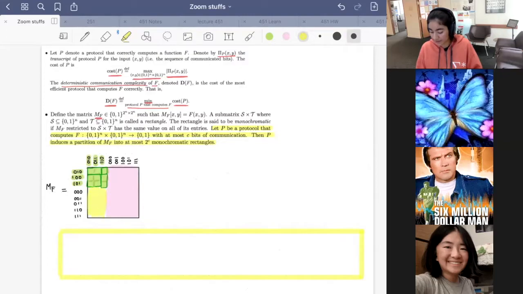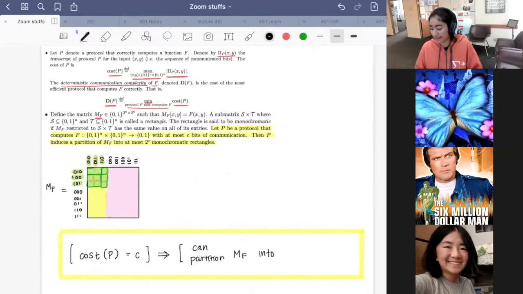So I could partition it into 4 or less. So in this case, 3. And just to write it out one more time, the cost of some protocol equals C implies, and this is a protocol that solves the function f, means that you can partition M_f into less than or equal to 2 to the C monochromatic rectangles.